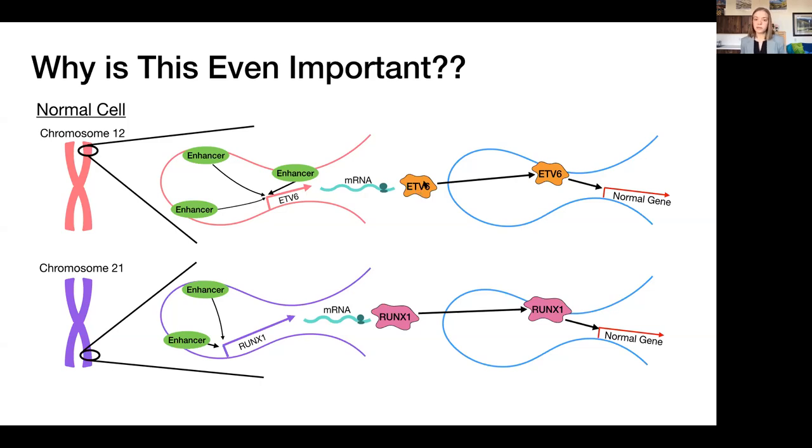EDB6 itself, though, is a transcription factor, meaning that it goes and binds to many other places in the genome, where it causes the activation of other genes that are supposed to be on, so everything is working properly. The gene RONX1 on chromosome 21 functions similarly.